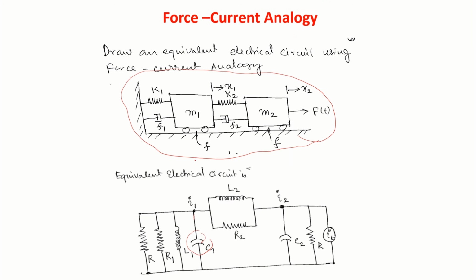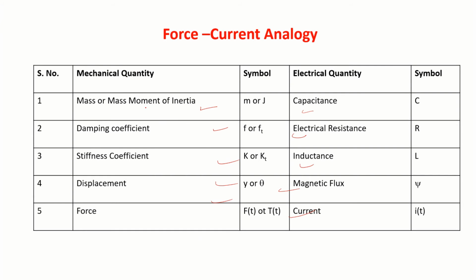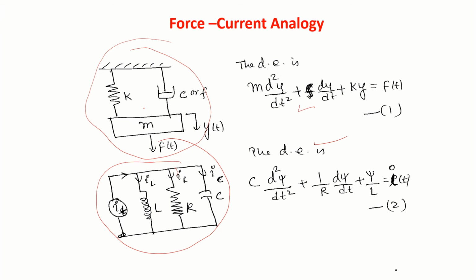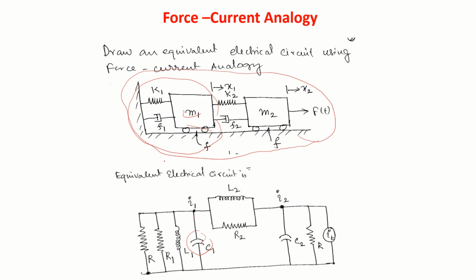You can observe that in the circuit also. Similarly, these mechanical components are in series, so this should become C1, and K1 should become 1/L1, since K is 1/L. Damping F1 is represented by 1/R1, and this damping is represented by this R. These are all in parallel.